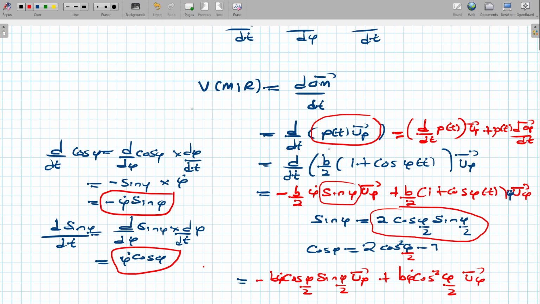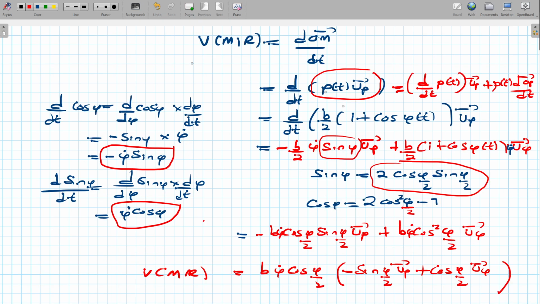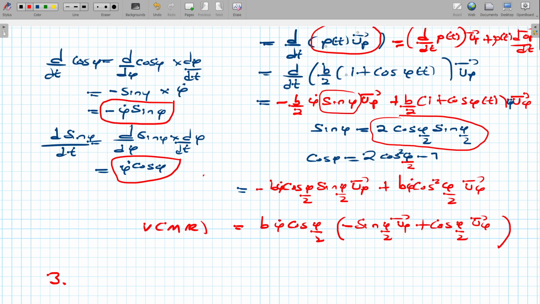Here we have to apply the product rule because we have two functions. If you apply the product rule, first you differentiate the first item and leave the second one alone. Then plus you differentiate the second item and leave the first one alone. Now here you plug in the expression for rho of t, which is what I have here.